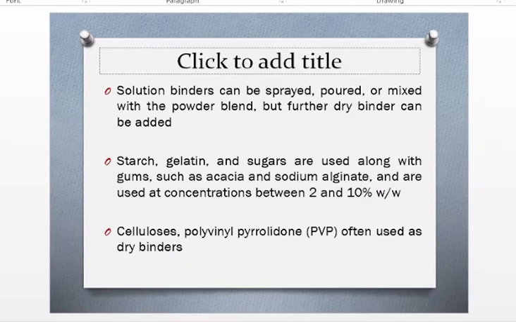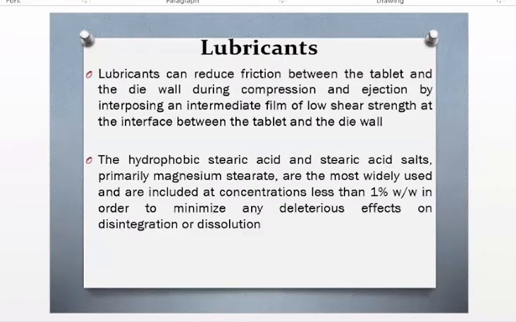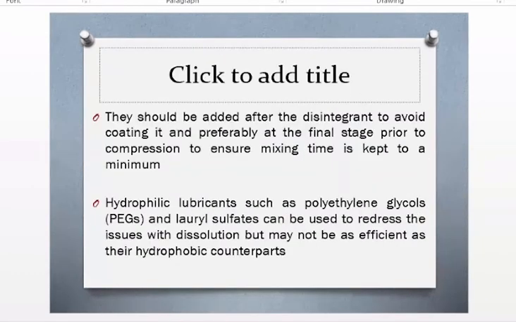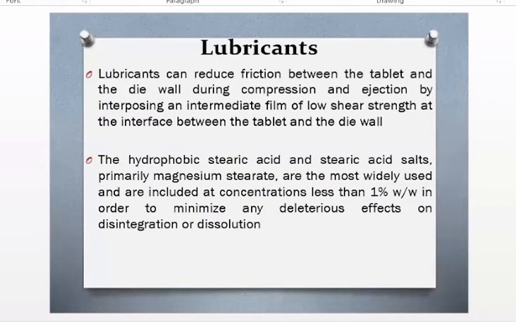Then you have another category of excipients, which we refer to as lubricants. So lubricants reduce the friction between the tablet and the die. This is the machine, a small hole in the machine, a compression machine or tableting machine.